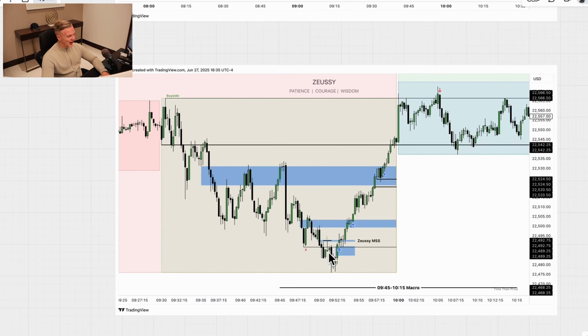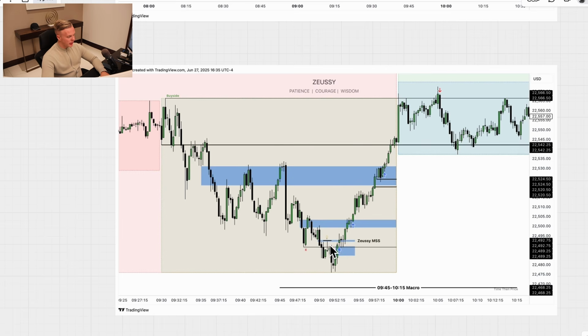We see a retracement higher taking place, and notice that the market forms a high inside of this bearish value gap right here. Notice that we have one more push lower with this large down close candle, and then we form this swing low and the market begins to reprice towards the upside.